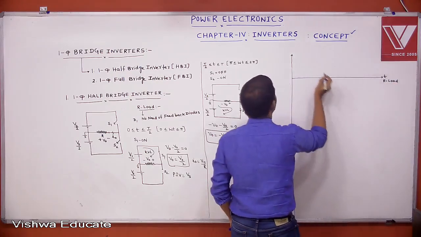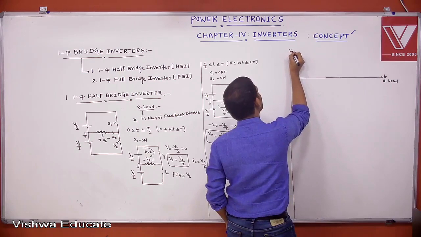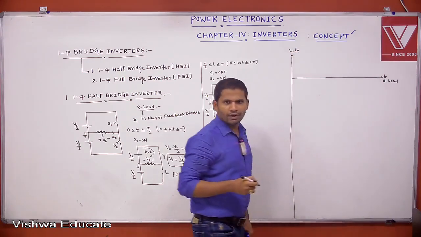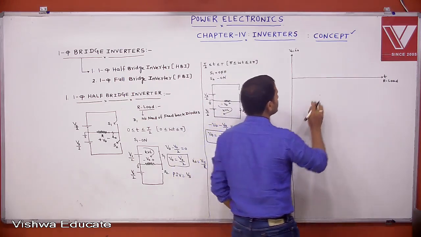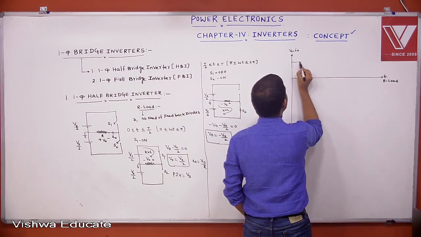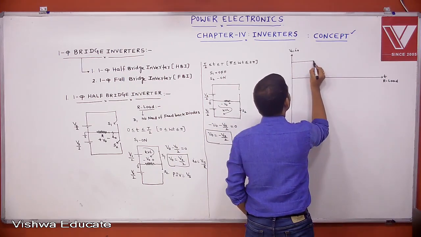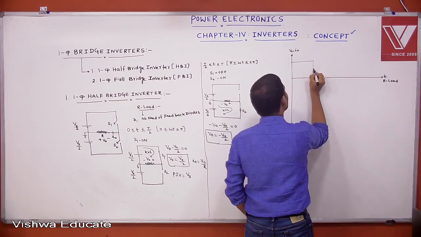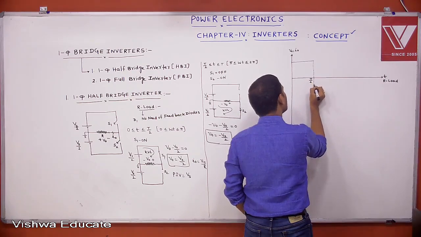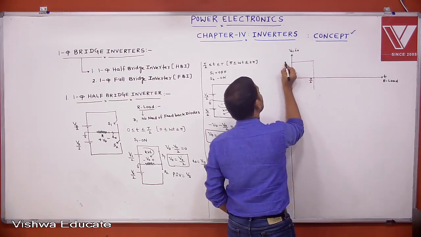You know that for purely resistive load, voltage and current waveforms are same. V0 and I0 are same for purely resistive load. For 0 to T by 2, what is the voltage? Plus Vs by 2.